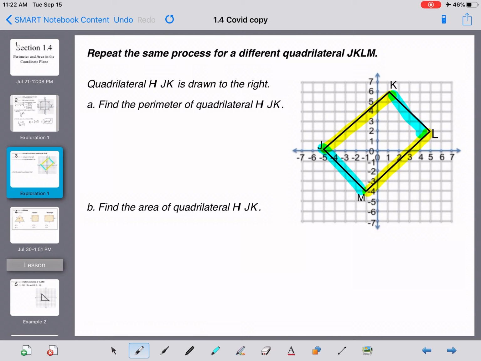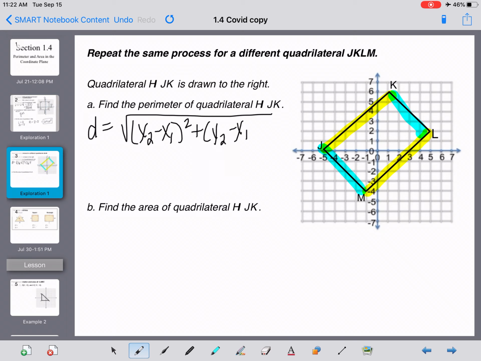So the distance formula that we learned in section 1.3 is the square root of x2 minus x1 squared plus y2 minus y1 squared. Point J is at -5, 0, and point K is at 1, 6. So let's treat this as x1, y1, and let's treat this as x2, y2.